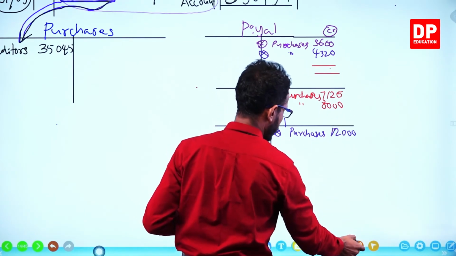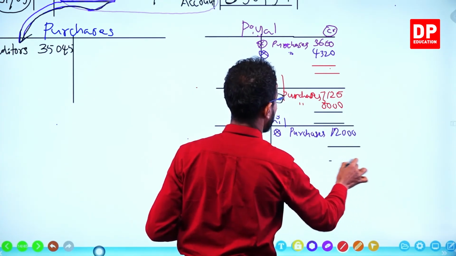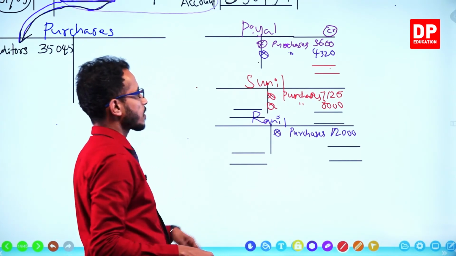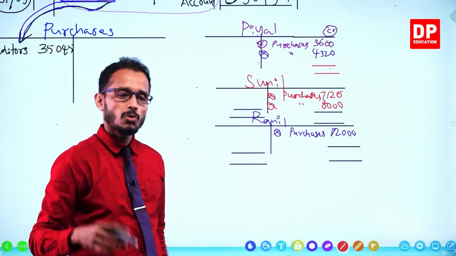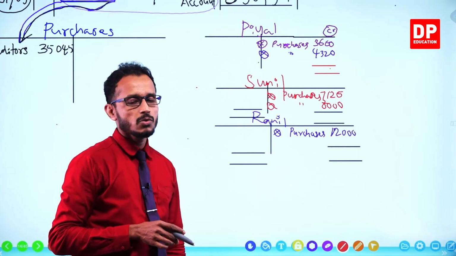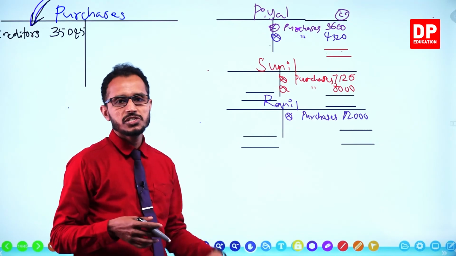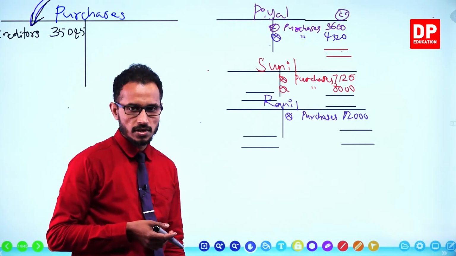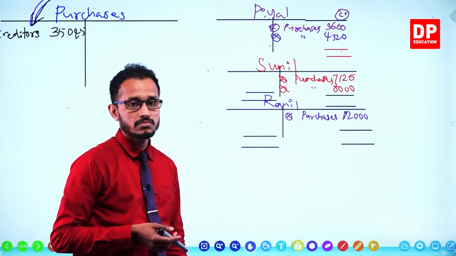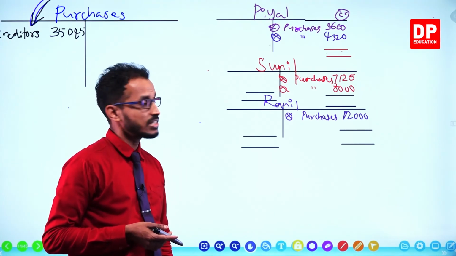Just draw the sum boxes on both sides and balance the ledgers. Most of the time in a question like this, you will not be required to balance the ledgers. Likewise, children, you can finish a question from the purchases journal and after posting the information in the journal to the relevant ledgers.